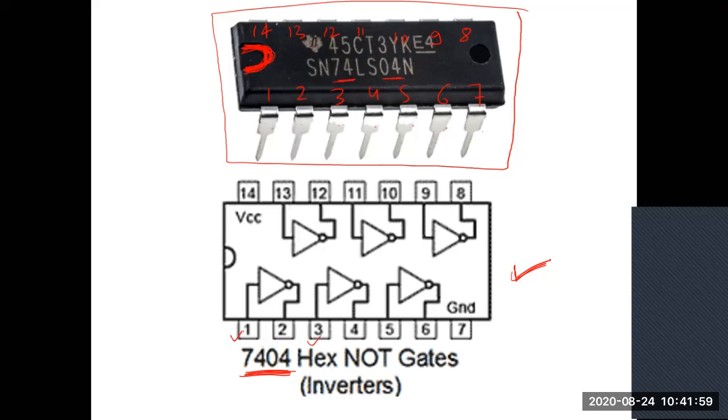Input at 3, output at 4. Input at 5, output at 6. Similarly, in the top section, input at 9, output at 8; input 11, output 10; input 13, output 12.